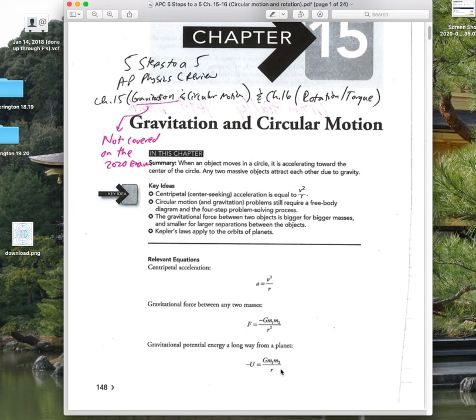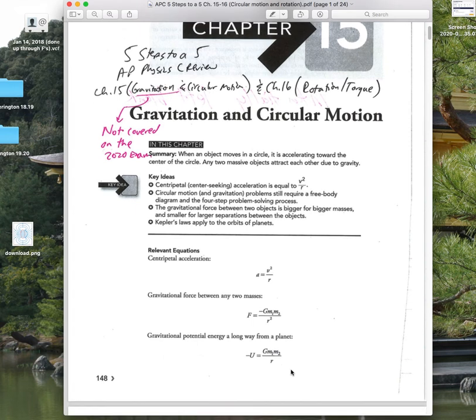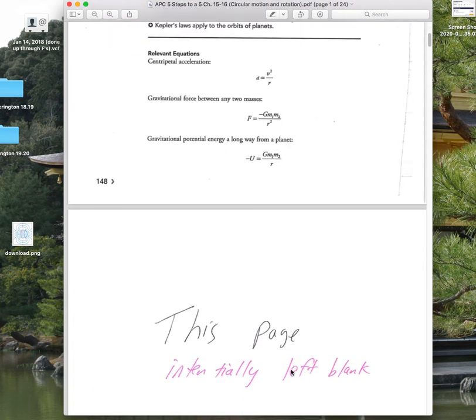Why is that one not negative? Well, because the charges attract when one of these two is negative. If both are negative or both are positive, they repel and you'd have positive electric potential energy. But here you do need to put the negative in front of that. So bound systems are characterized by having negative total mechanical energy.